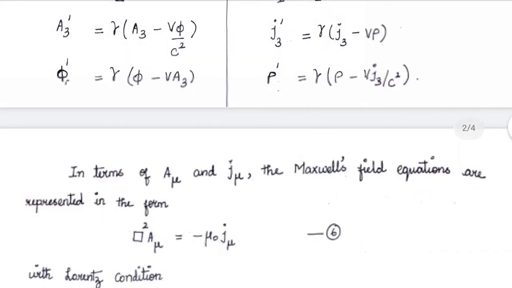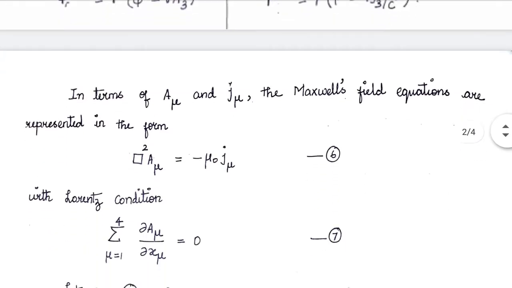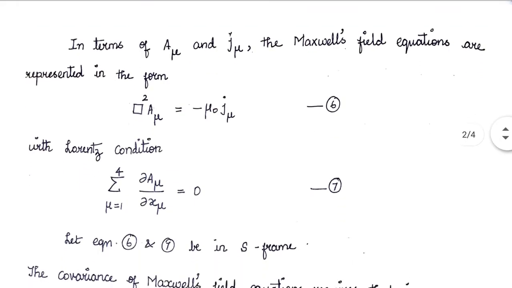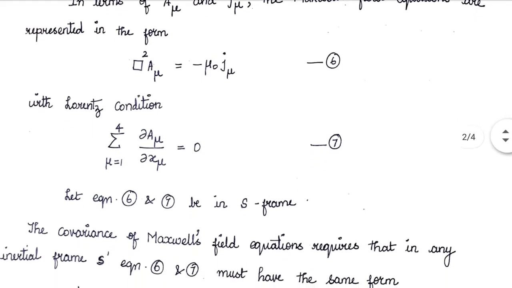Now let us write the Maxwell's equation in terms of four vectors as del square A mu is equal to minus mu naught J mu, with the Lorentz condition dou A mu by dou x mu is equal to 0. So these two equations, 6 and 7, represent the Maxwell's equations with the Lorentz condition in the S frame of reference.